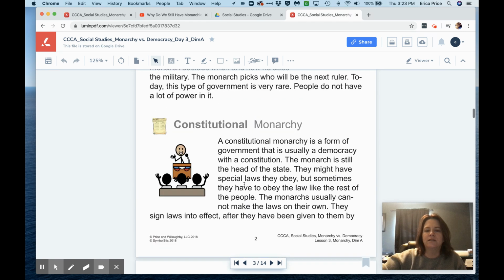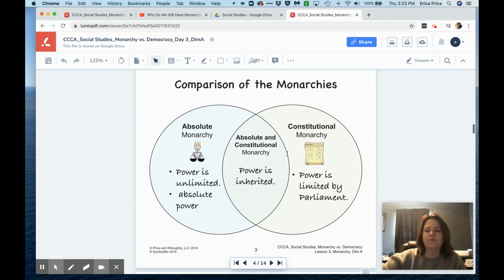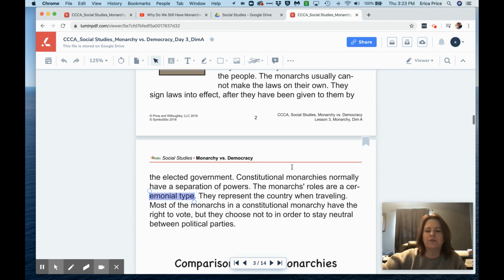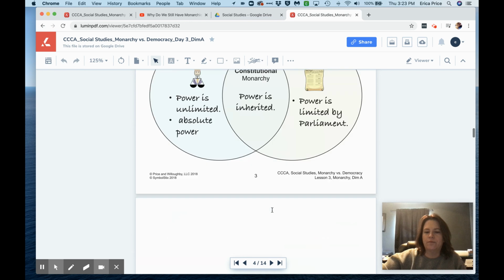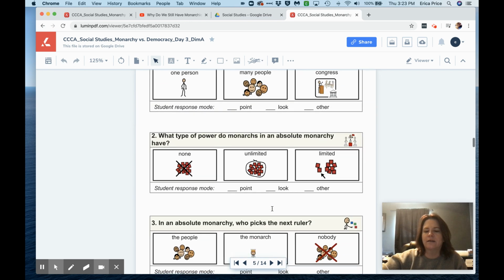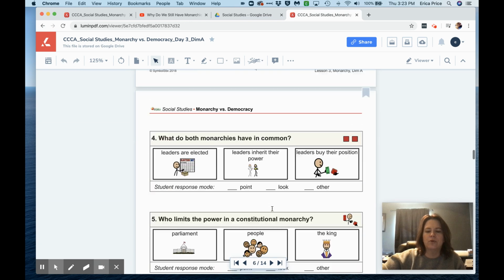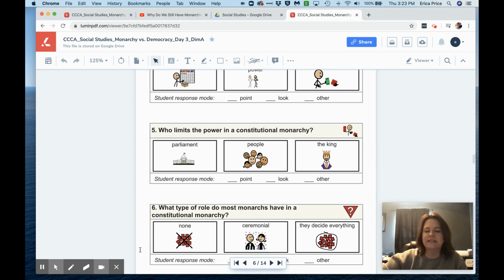So in a constitutional monarchy, sorry guys, I went too fast. The monarch's robes are ceremonial in type. So if we come back to question number 6, what type of role do most monarchs have in a constitutional monarchy? It's ceremonial.